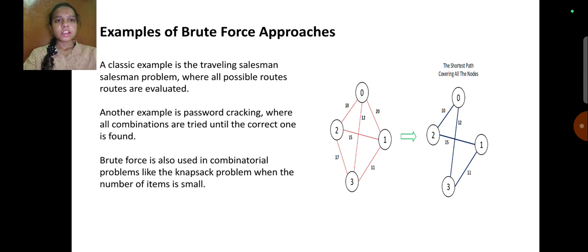Brute force is also used in combinatorial problems like the knapsack problem, when the number of items is small. And you can see the example of shortest path covering all the nodes, and this is about the examples of brute force approaches.